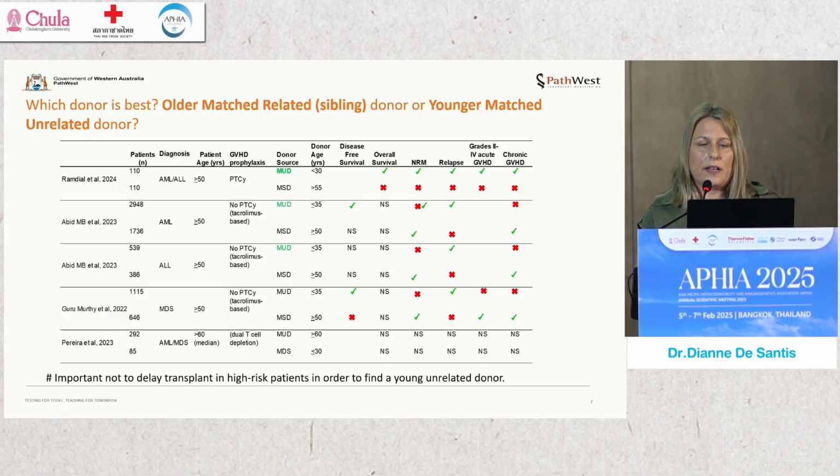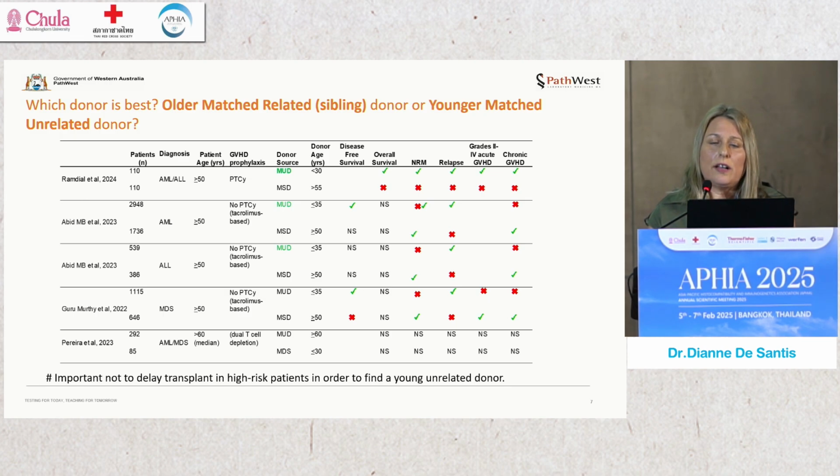In the other 3 studies using predominantly tacrolimus-based GVHD prophylaxis, there was less relapse and better disease-free survival in transplants with younger matched unrelated donors, but an increase in GVHD and non-relapse mortality, leading to no net survival benefit over older matched siblings. The last study shown on the table used a different GVHD prophylaxis and likely the reason for the non-significant findings.